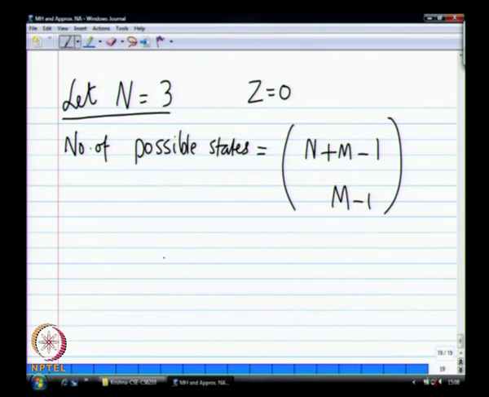I found this explanation: if you represent your set of jobs as dots, so this is the n dots that you have, and then you are partitioning this into m sets. You have bars to represent your boxes.